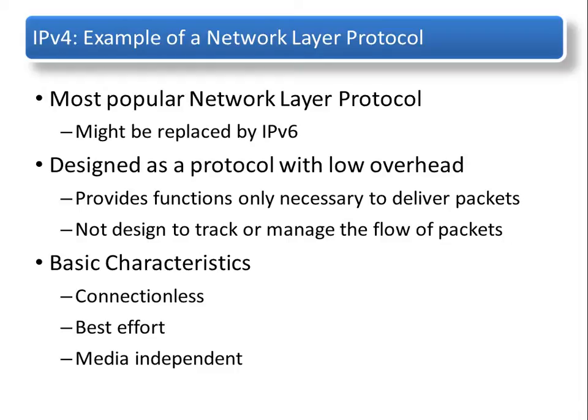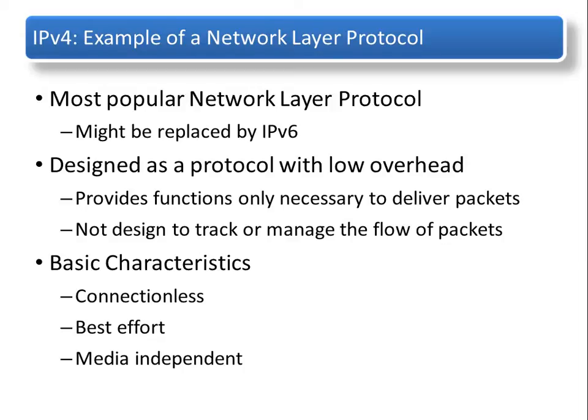Since IPv4 depends on these layers for reliable delivery, the destination is not contacted before a packet is sent. That is to say that IPv4 is connectionless, and it tries its best to get the message from one end device to the other. Not knowing whether the packet made it or not, IP must depend on TCP to handle reliability.